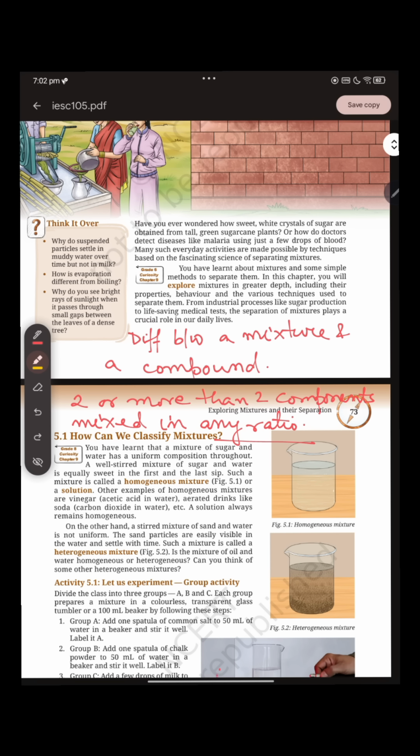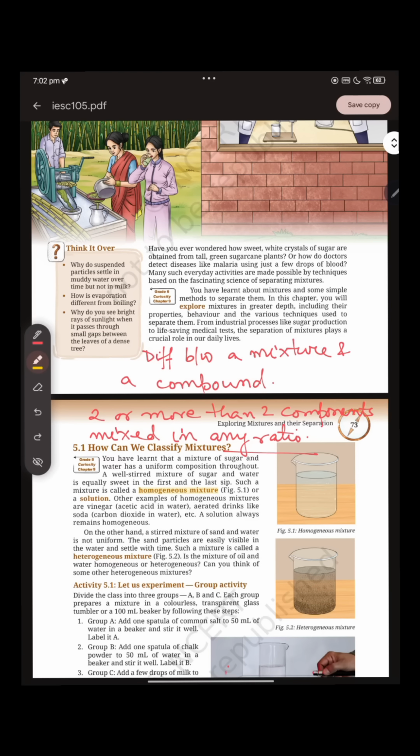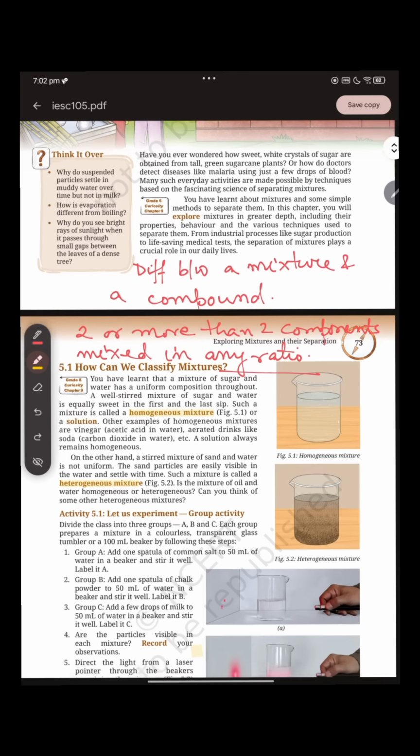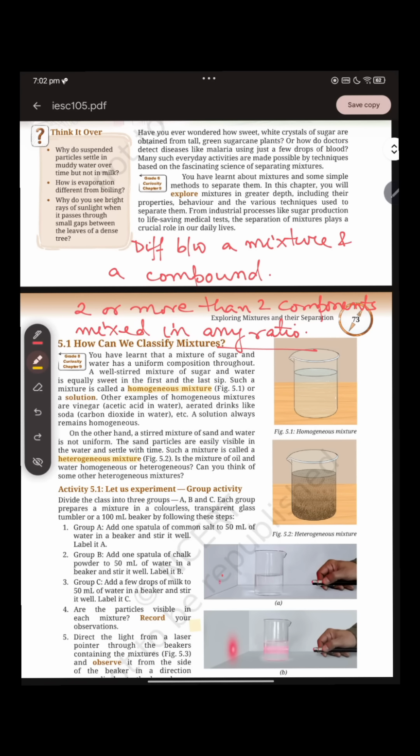Now mixture can be homogeneous and it can be heterogeneous as well. What is a homogeneous mixture? If the components are completely soluble in the given solvent, then I will say the mixture is homogeneous in nature.